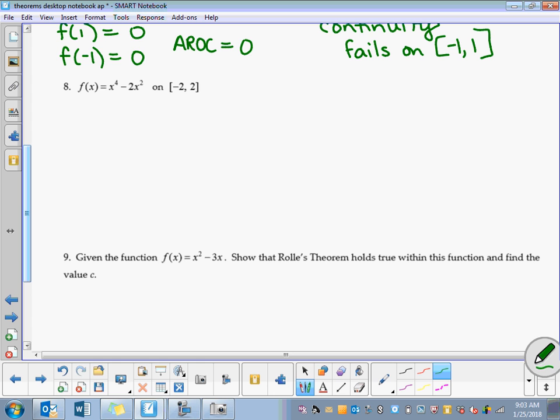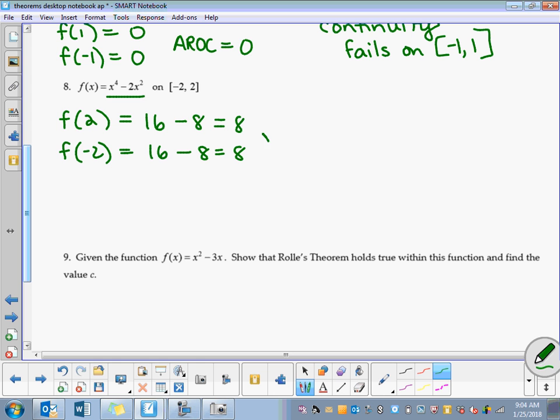Now, problem number 8. Is this a Rolle's theorem problem? Well, polynomial, continuous everywhere, so definitely continuous on the interval, so we met the conditions. F of 2 would be 16 minus 8. F of negative 2 would be 16.